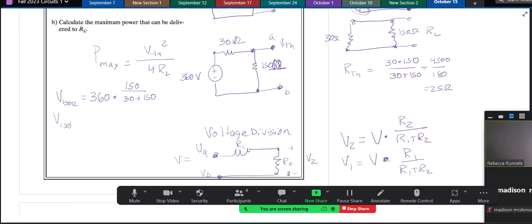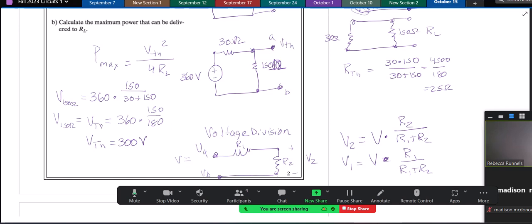So the voltage across the 150 ohm resistor, which equals the Thevenin voltage, is 360 times 150 over 180, or V Thevenin is 300 volts.